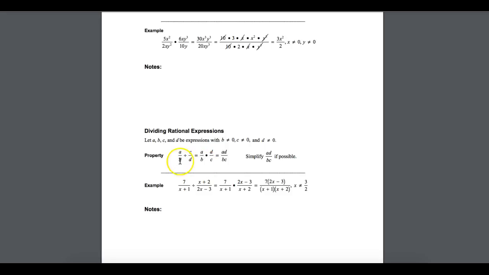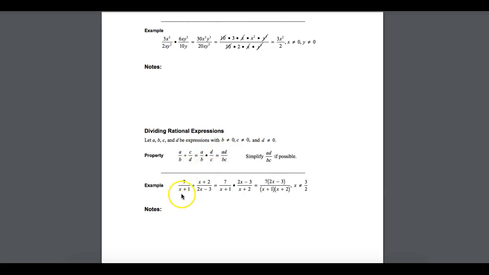So a over b divided by c over d is actually a over b times d over c. You'll see right here that d and c are just flipped. So really, a division problem is just a multiplication problem. All you're doing is flipping your second term and doing multiplication.